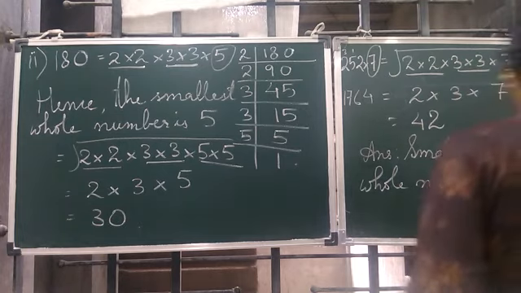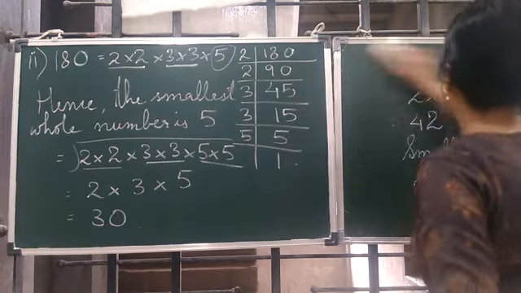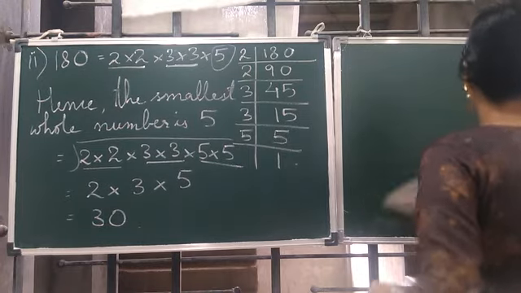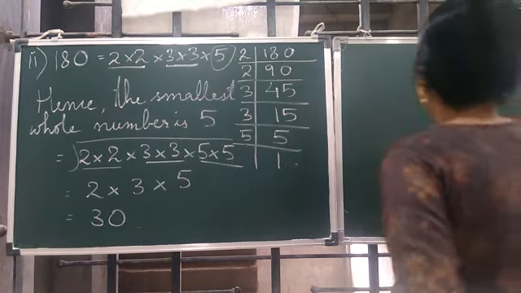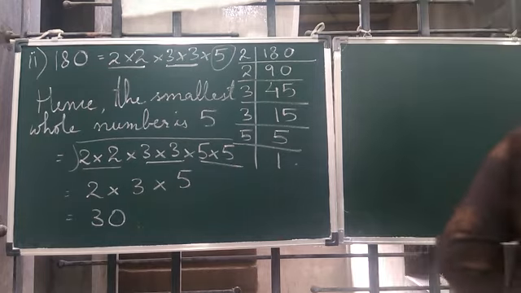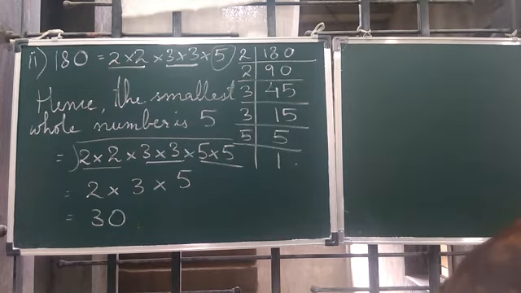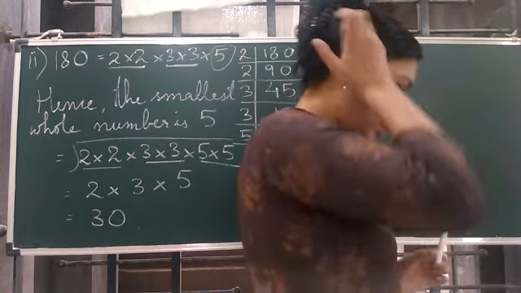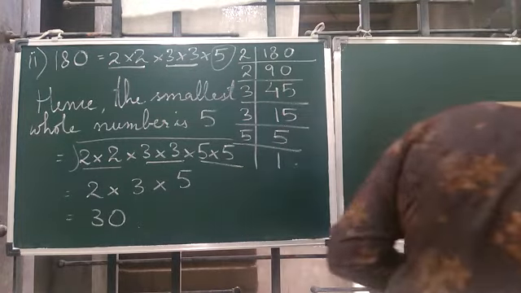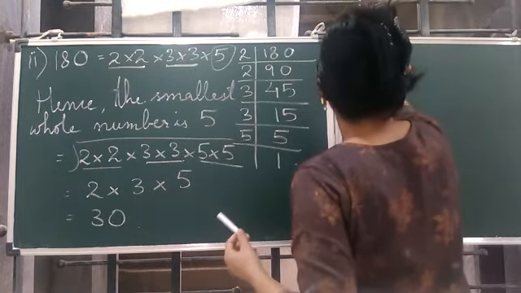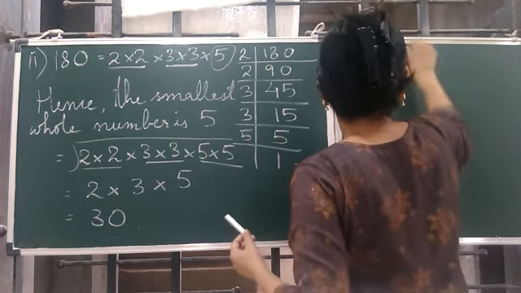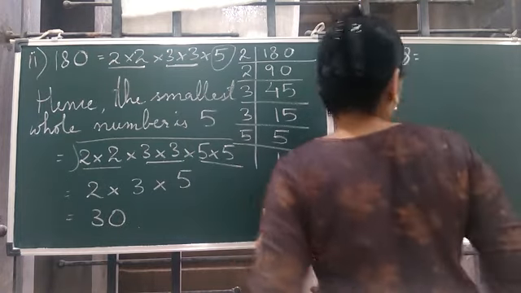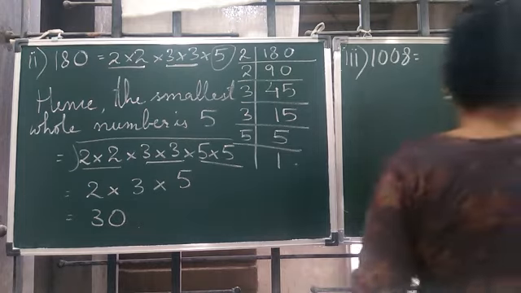Now we start with the third one. The third one is 1008. We find the prime factorization of 1008.